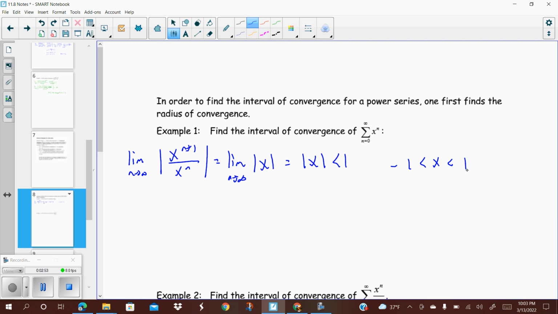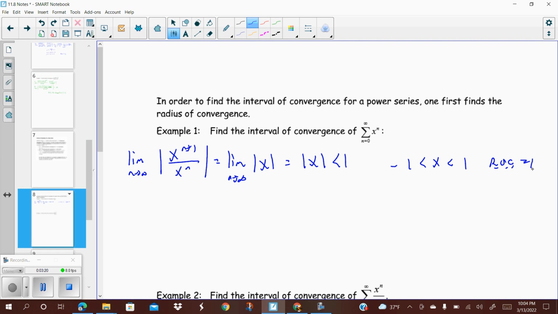It does say to first find the radius of convergence, which we have just done. Our radius of convergence, our R, is 1 because it was centered at 0, and it's 1 unit from either side of the center. What we need to check is whether this is actually convergent at -1, and is it convergent at +1?